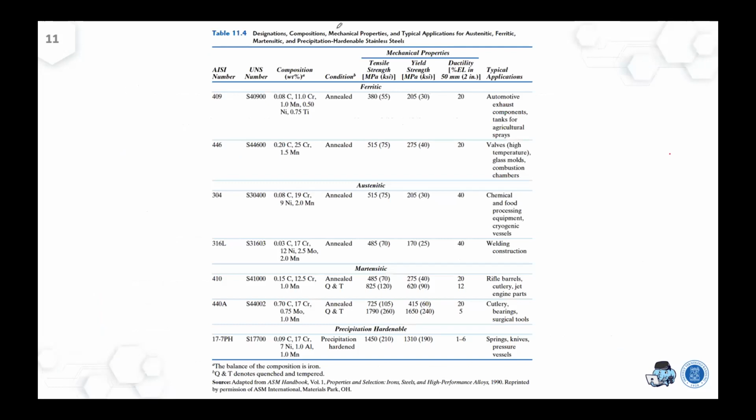Okay, so the stainless steel has some microstructures. There's austenitic, which looks like austenite, ferritic, martensitic, and precipitation hardenable stainless steel. So we can see here there's a number; the ones that we look at much more are stainless steel 304 and 316L.